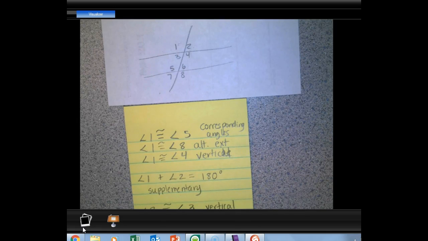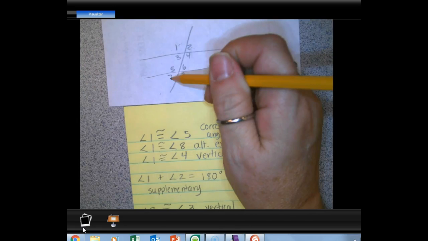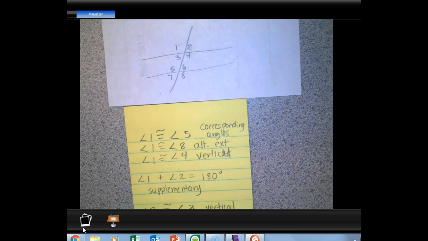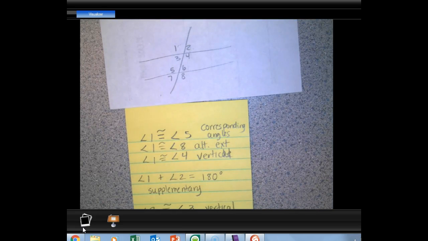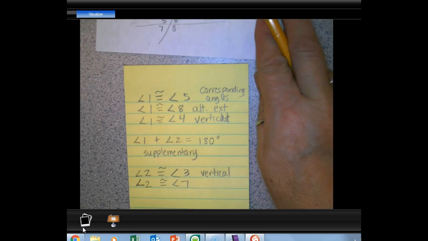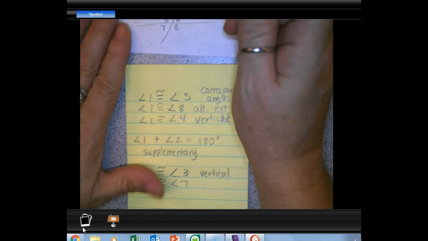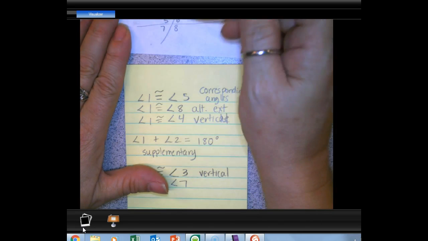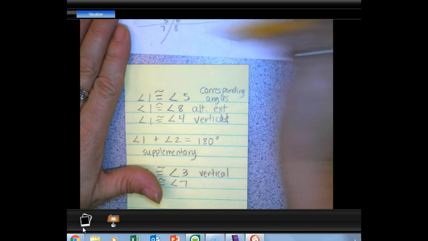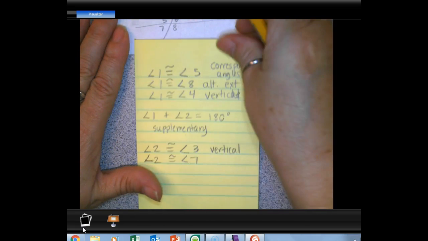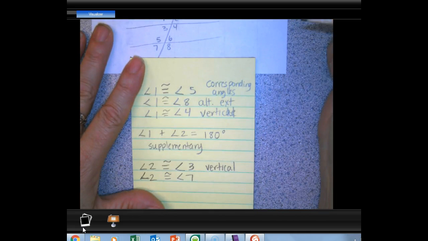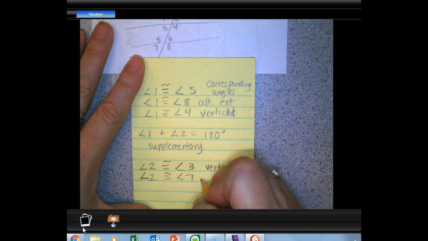It's not vertical. Angle 2 is not vertical to angle 7. They go across? So they're alternate? Are they interior or exterior? Is it inside the parallel line, 2 and 7? Or are they outside the parallel lines? Noah. Outside. So that makes them alternate exterior angles.